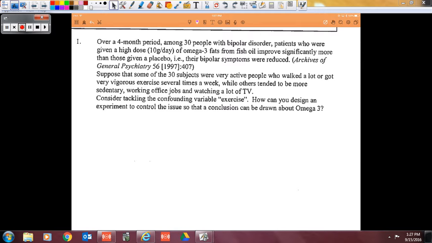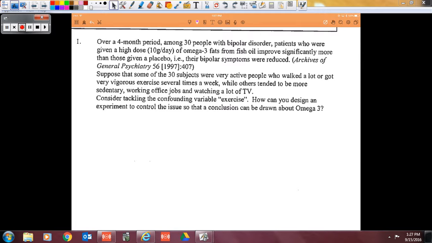But suppose some of these 30 subjects are very active people who walk a lot or get very vigorous exercise several times a week, while others tended to be more sedentary and work office jobs and watch a lot of TV. So consider tackling the confounding variable of exercise. And so we want to design an experiment to control that issue.